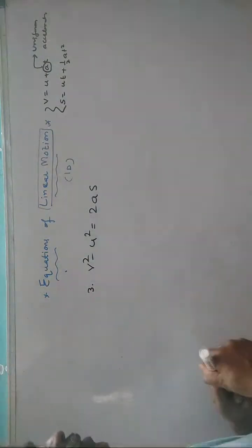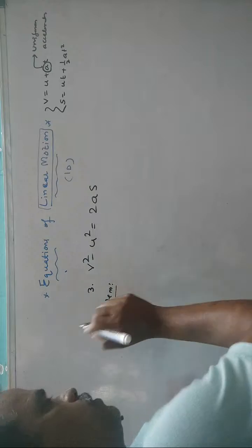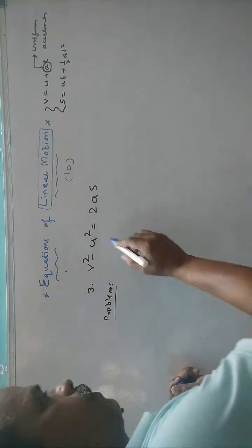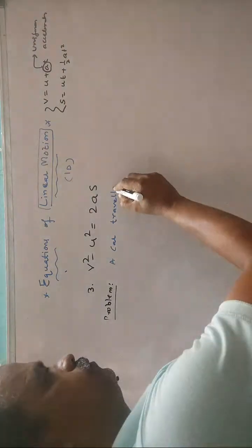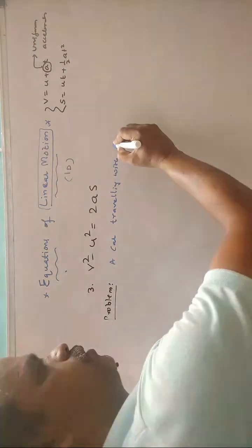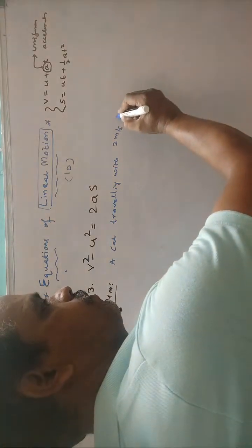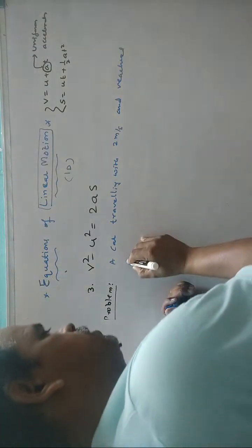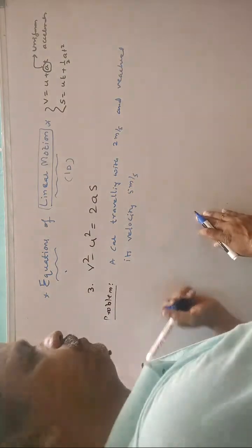So for this one I am giving one problem to you. I am writing one problem. A car traveling with 2 meter per second and reached its velocity 5 meter per second.